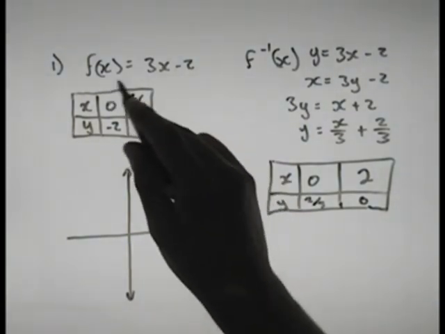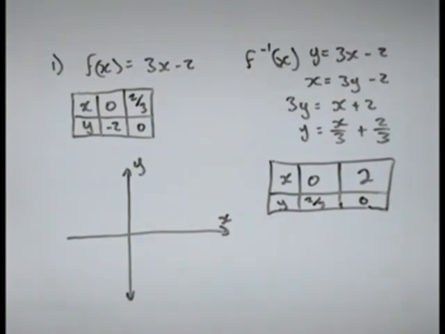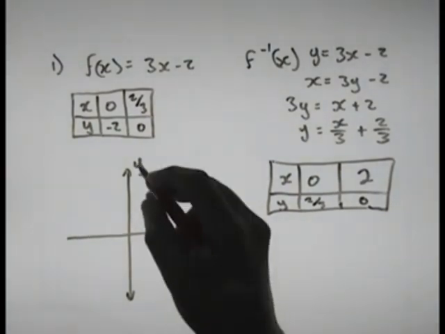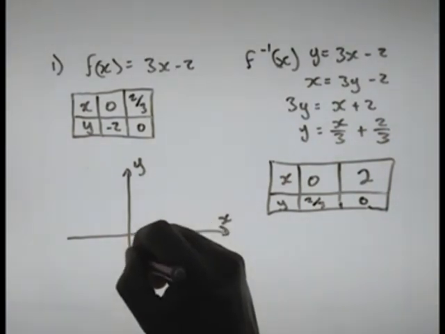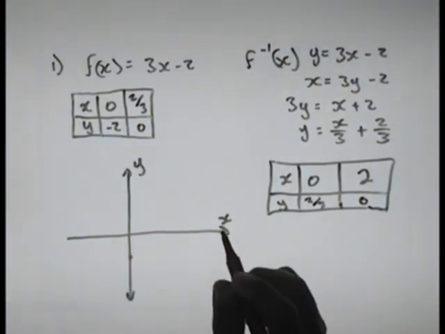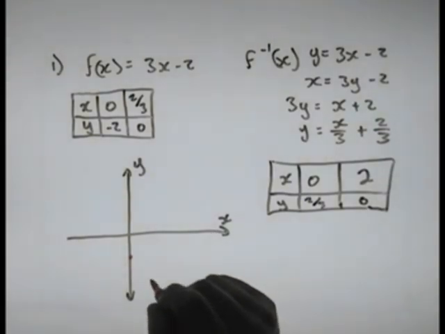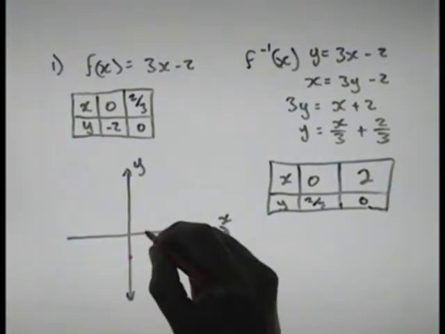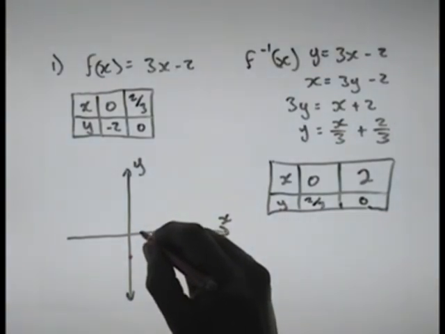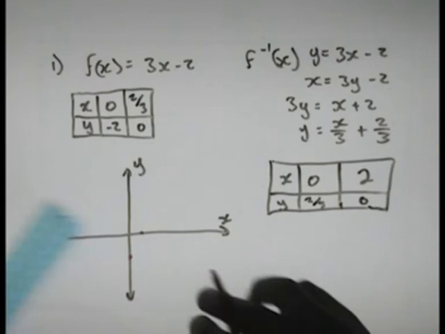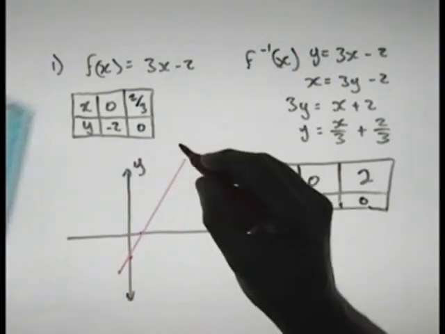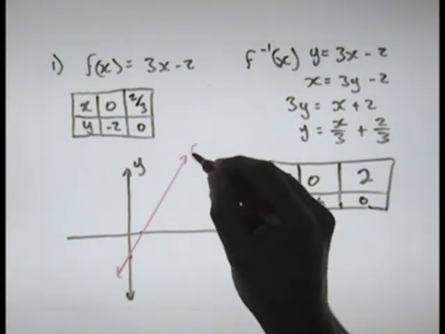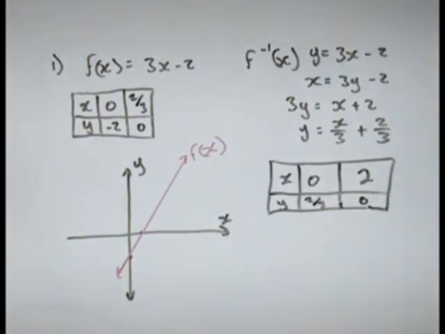Firstly, f of x, which I'm going to sketch in red: when x is equal to 0, y is going to equal negative 2. And when y is equal to 0, x is going to equal 2 over 3, which is going to be somewhere over here, which means that this graph is going to look like this.